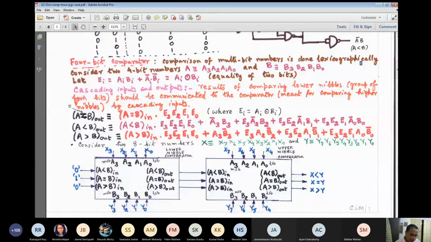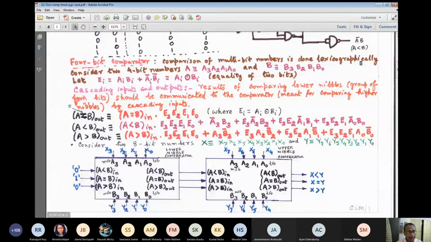And gradually we are proceeding towards the lower significant end. So if these two bits and these two bits are equal to themselves, then what about A1, B1? If I find that A3 equals B3, A2 equals B2, but A1 is less than B1, then I can at once conclude that, so far as the comparison up to 12 bits, A is less than B. Otherwise, what can happen?